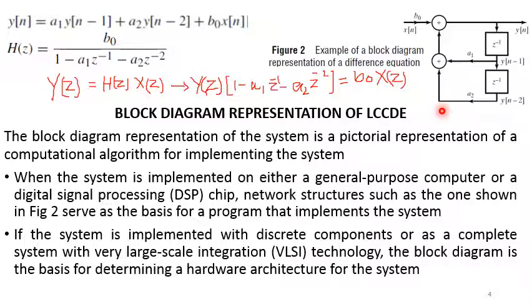Also, if the system is implemented with discrete components or as a complete system with very large scale integration or VLSI technology, the block diagram is the basis for determining the hardware architecture.